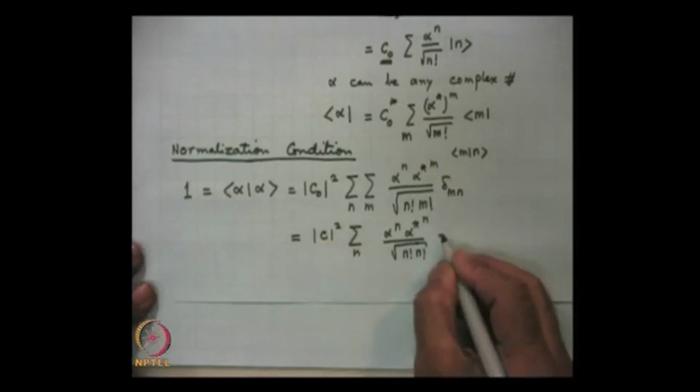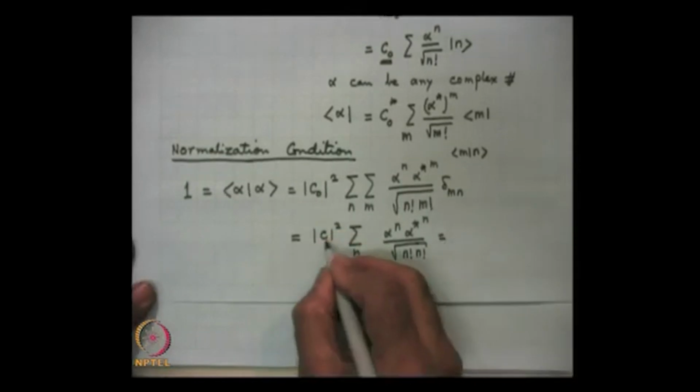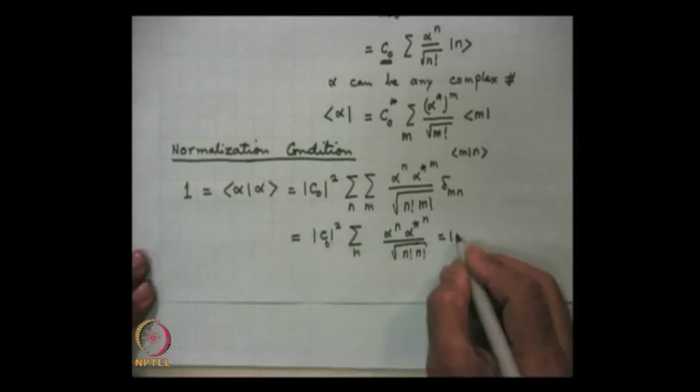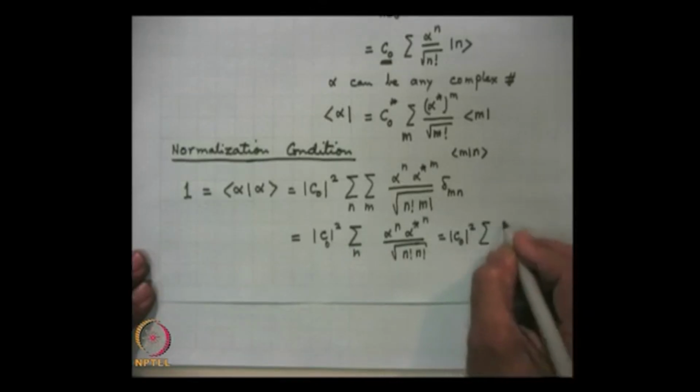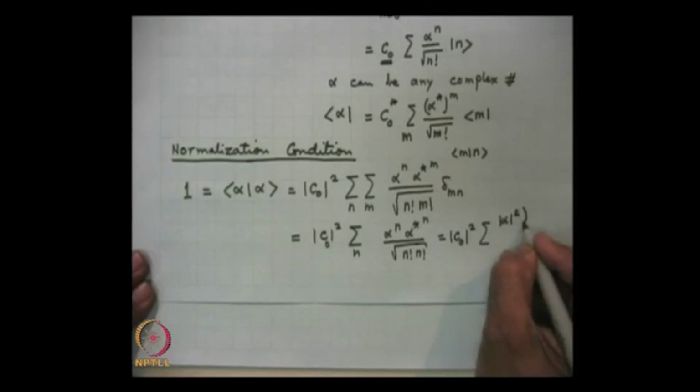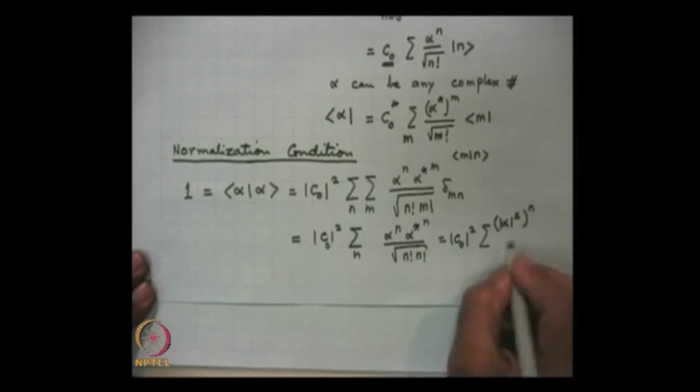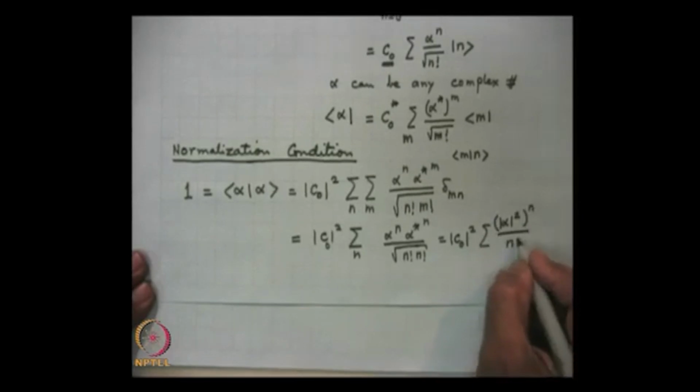So, this is C 0 square, summation alpha mod square to the power of n divided by n factorial.